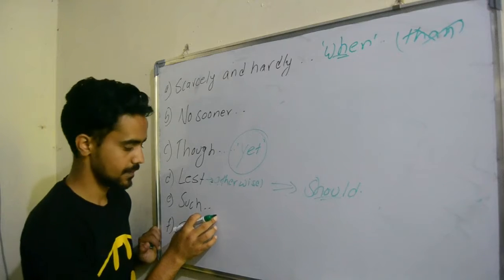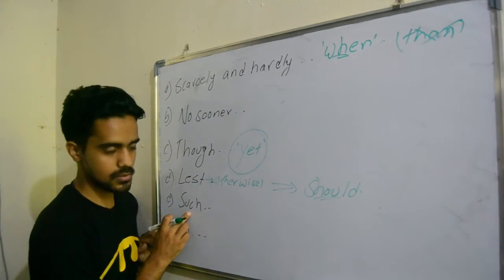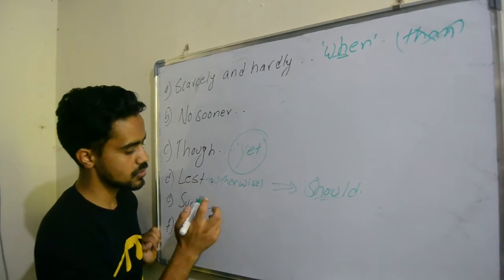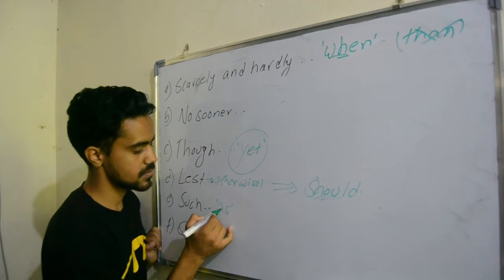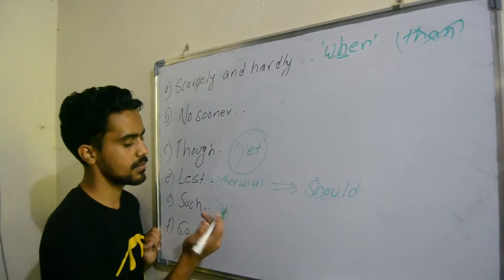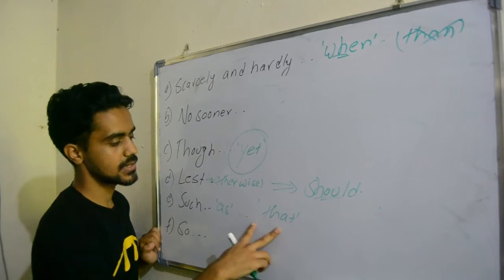It is such. While talking about such, we can talk about two things. After such, as is used, most of the students know this, right? But that is also used. So as and that can be used.